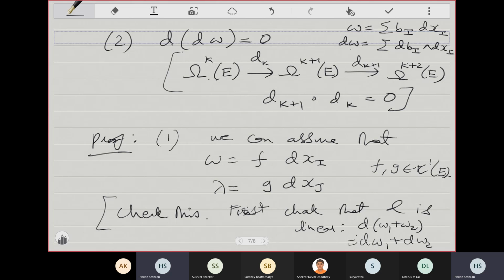Remember, the way we defined exterior multiplication was: if omega equals fi dxi, lambda equals gj dxj, we defined omega wedge lambda to be fi gj dxi wedge dxj. This was the definition of omega wedge lambda.